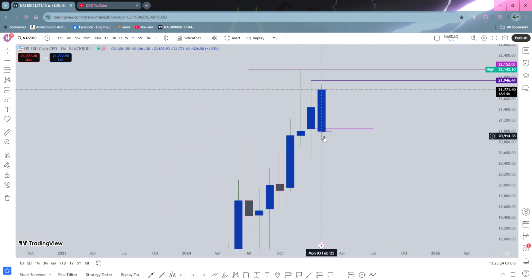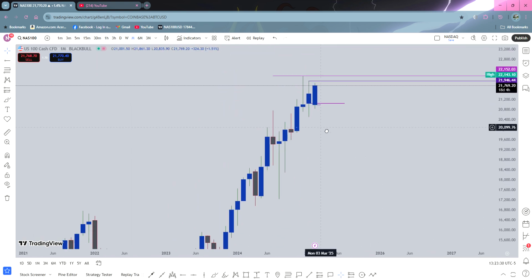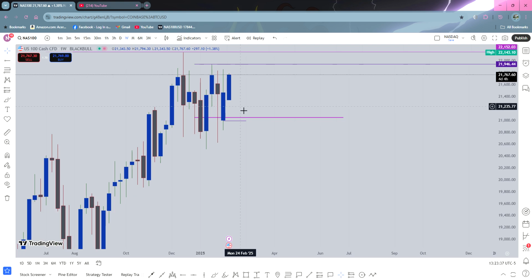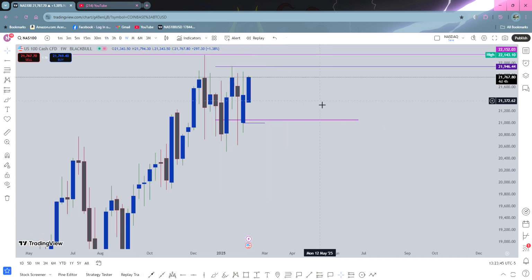So we opened the monthly, so let's dive into our weekly, the most important one. The weekly is the most important one because it gives us an intermediate institutional bias, which is way important.